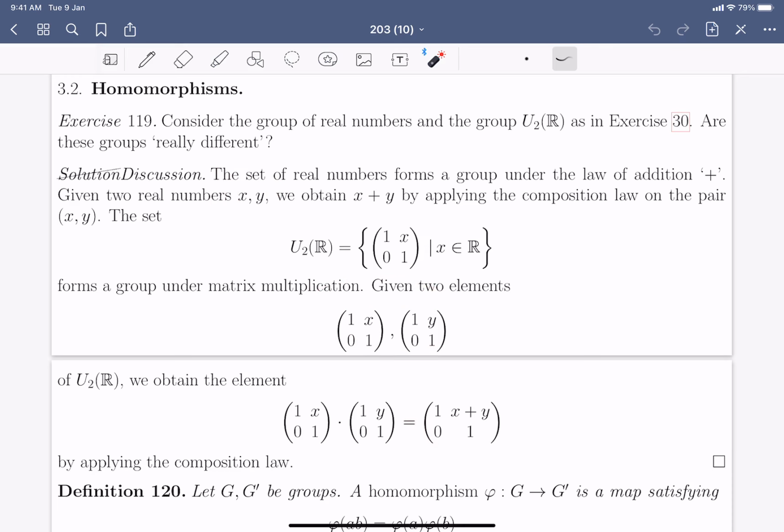So identifying x with [[1, x], [0, 1]], y with [[1, y], [0, 1]], and x plus y with [[1, x plus y], [0, 1]]; more precisely, if you take a real number c, and identify it with [[1, c], [0, 1]], okay, let me not use the word identify because it may sound something like the identity.